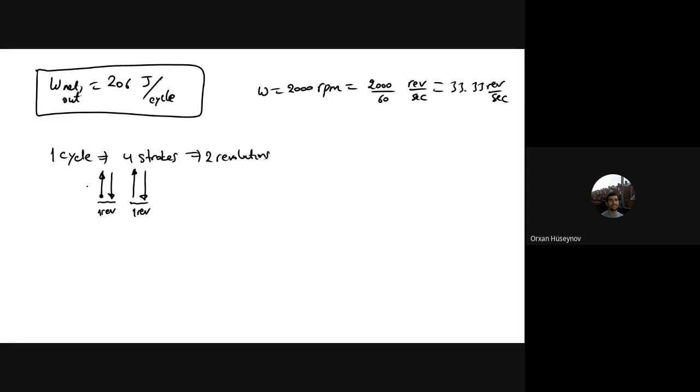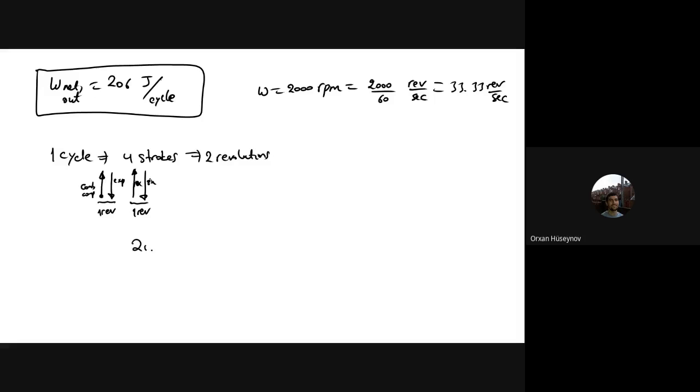For the first one, for example, you have the combustion process, compression, and then you have the expansion, and then exhaust, and you have the intake. You have 4 processes at 4 strokes, but these 4 strokes make 2 revolutions, and therefore in 1 cycle you have the 2 revolutions.